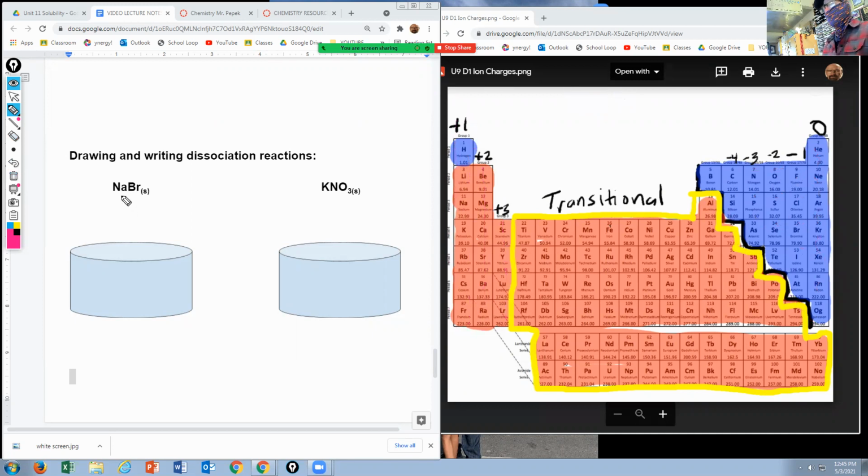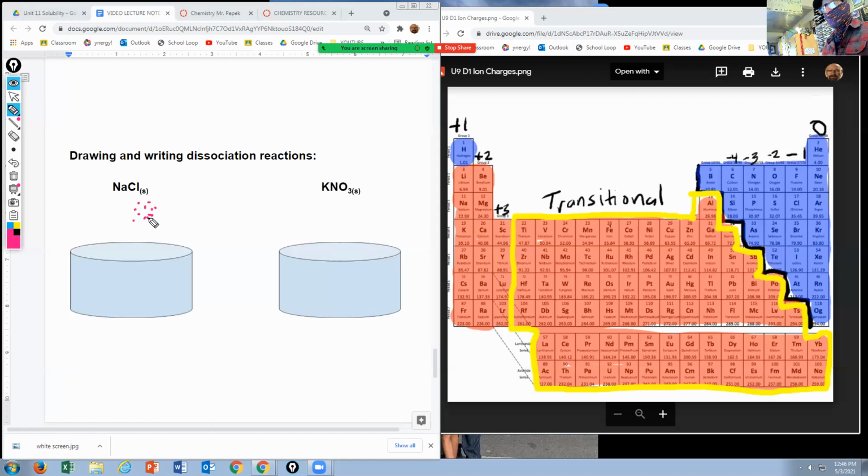Let's take a look at NaBr. So we're going to take NaBr, which is a salt. You know what? I'm going to change that. I don't want NaBr. I'm going to do NaCl because NaCl, it's so much more common. That's called table salt, right? We're going to take this NaCl, or this table salt, which is a solid. That's what the S means.